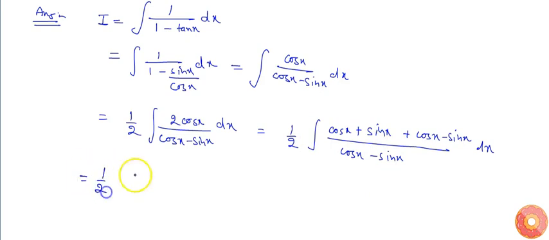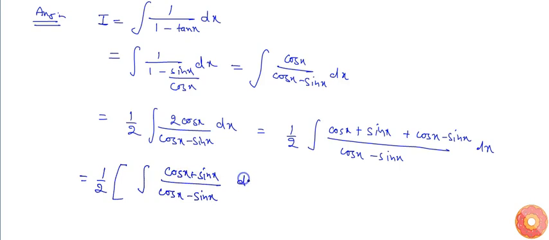So if I separate the expression into two parts, I'll find the integration of cos x plus sin x divided by cos x minus sin x dx, plus the integration of cos x minus sin x divided by cos x minus sin x dx.